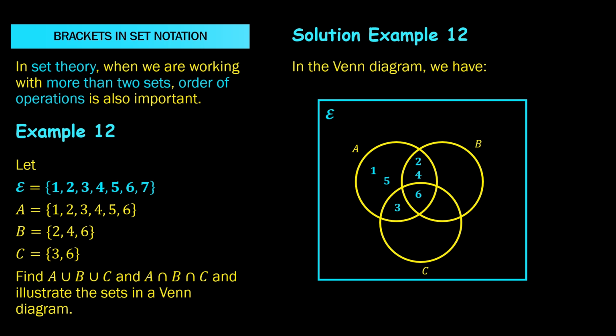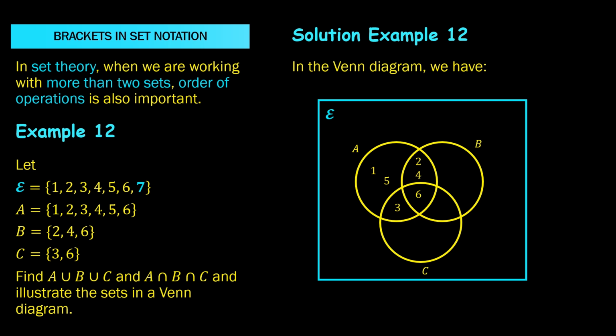Now let's take a look at the universal set. This is all the elements from 1 to 7, or rather all the whole numbers from 1 to 7. We've already considered all the whole numbers 1 to 6. Only 7 is left, and so we need to add that to our diagram.